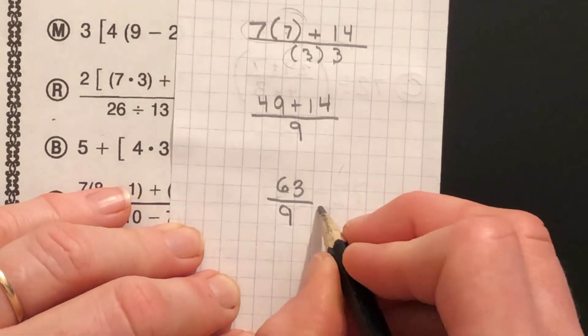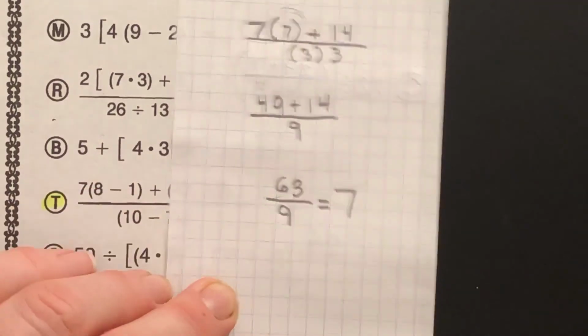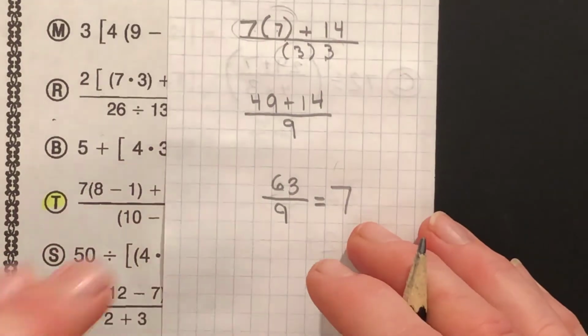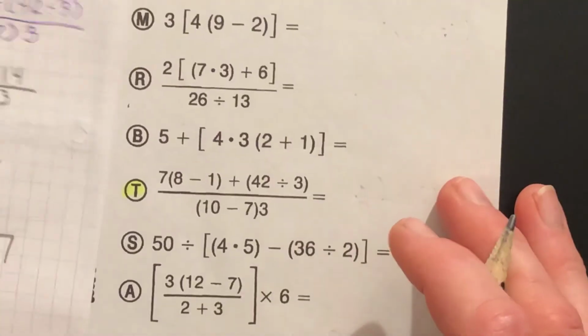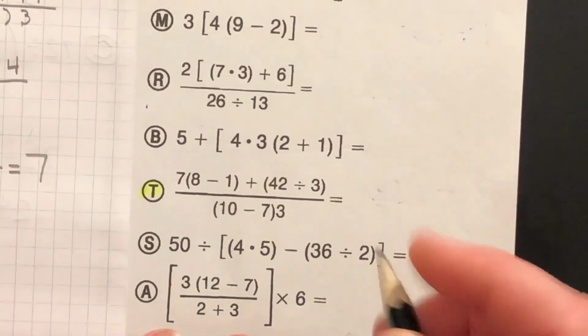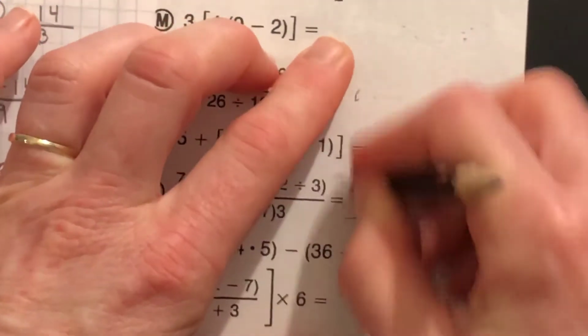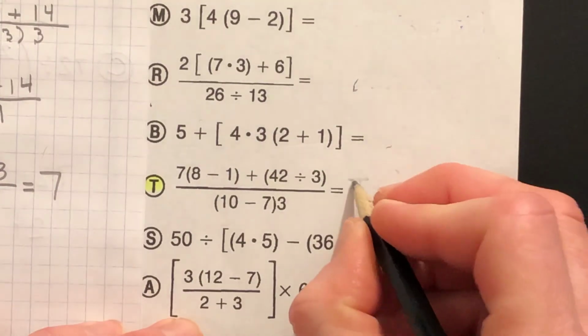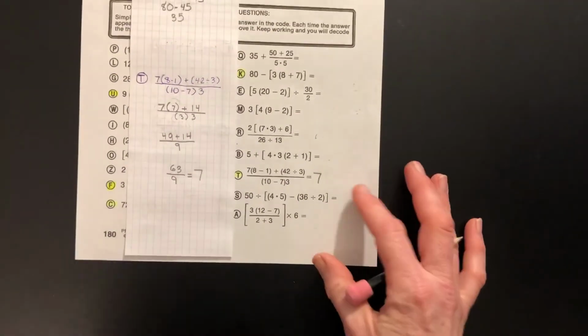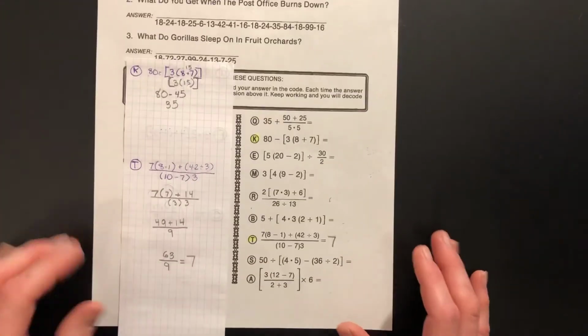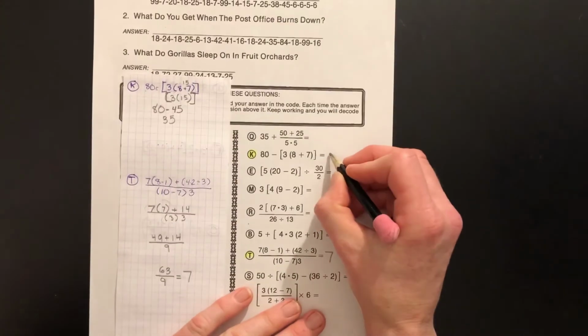And that equals 7. Let's go back to my paper. We know that T is 7. That's a T-ish looking 7. And K is 35.